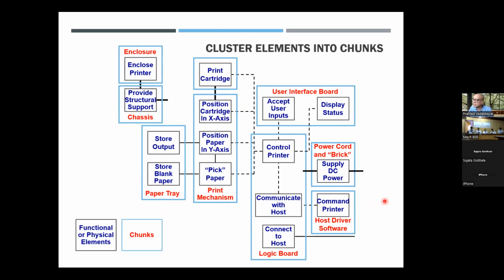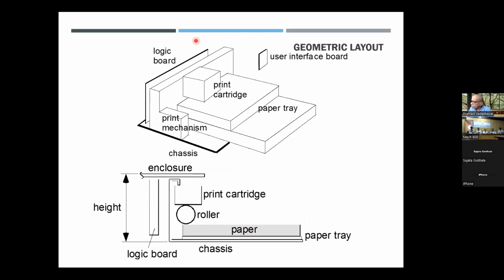And then the interactions thereby. Sometimes, especially in this case, you have to be mindful about the geometric layout. Because the paper height will vary from maximum to minimum, and the height of the enclosure should be designed accordingly.